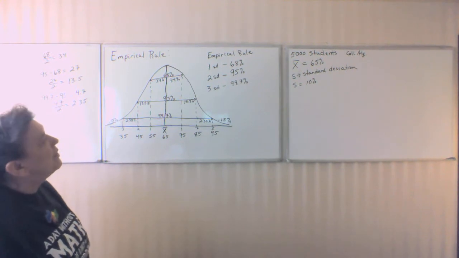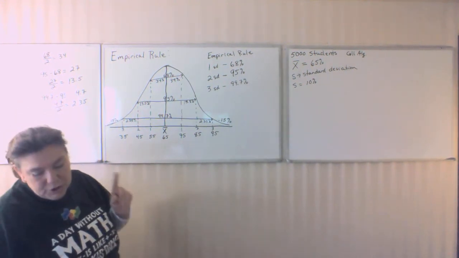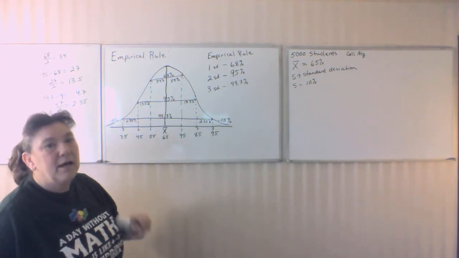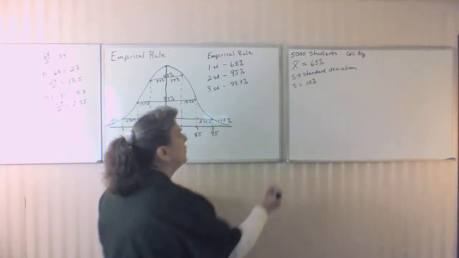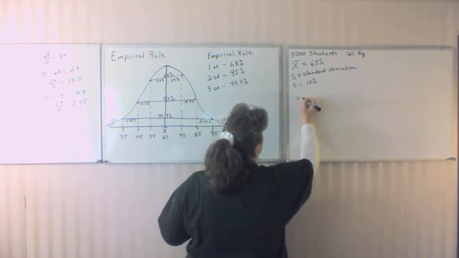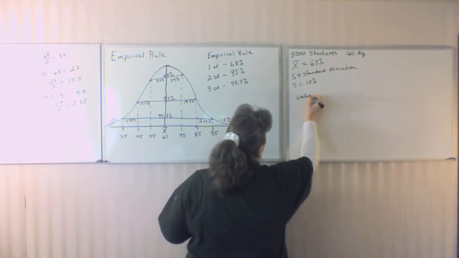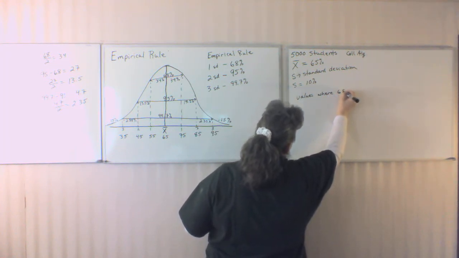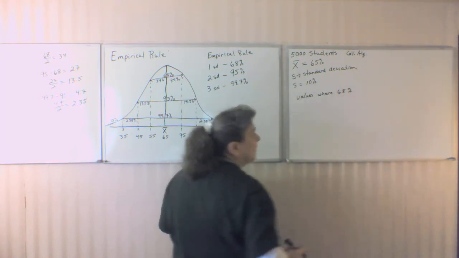So my first question is, between which two values are 68% of the grades found? So we're looking for the values of the test where 68% of the grades lie.